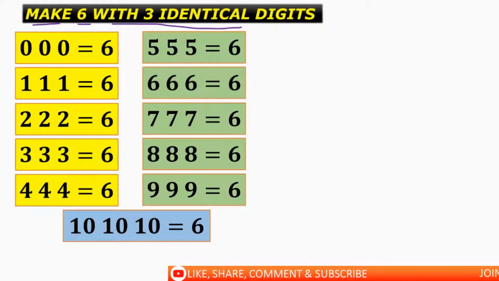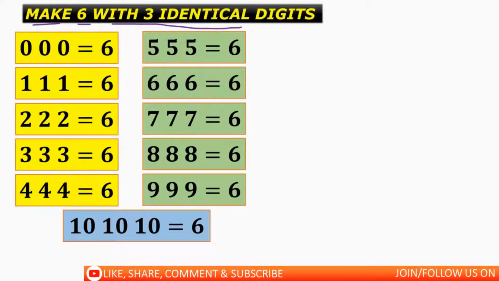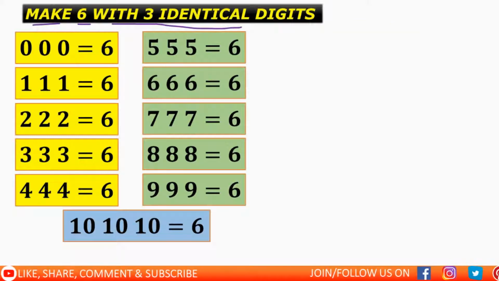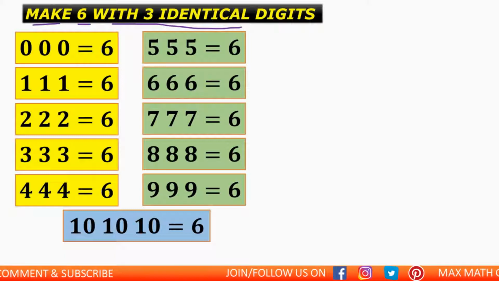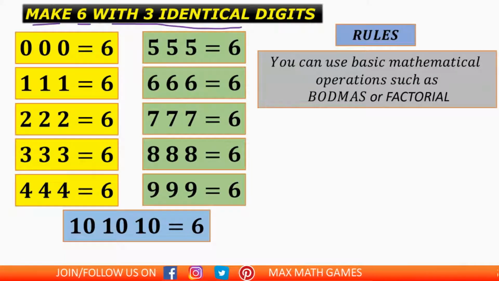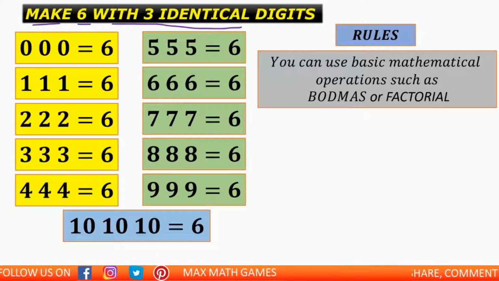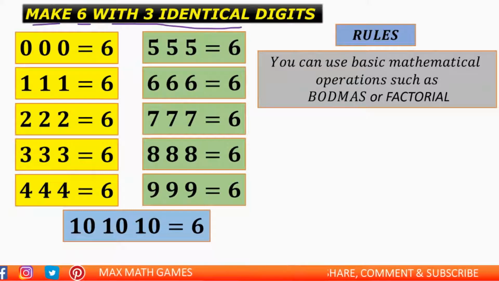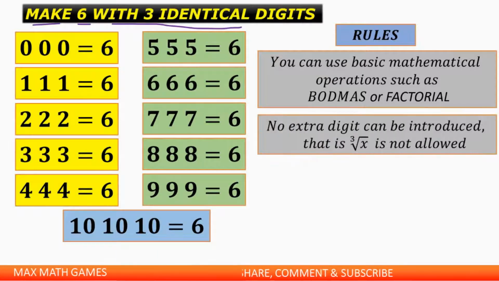Now there are some rules to this puzzle, so let us check out the rules. The first rule is you can use basic mathematical operations such as BODMAS or even factorial. Secondly, no extra digit can be introduced.